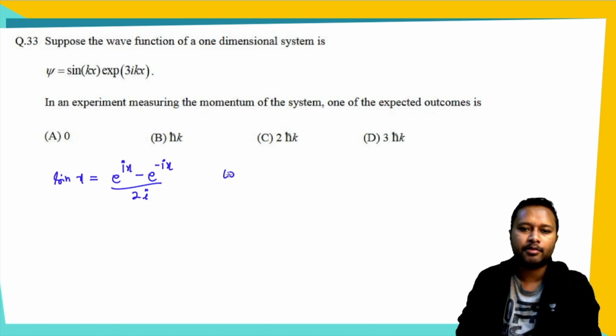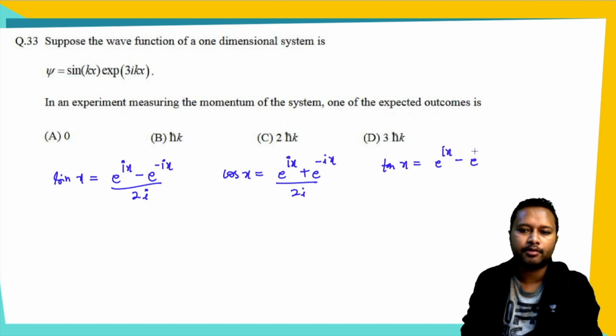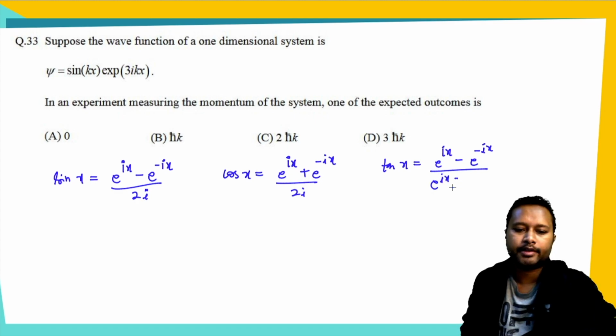Similarly cos x can be written as e to the power ix plus e to the power minus ix divided by 2, whereas tan x can be written as e to the power ix minus e to the power minus ix divided by e to the power ix plus e to the power minus ix.